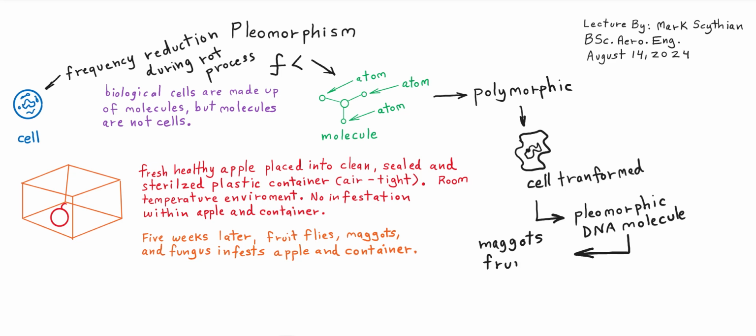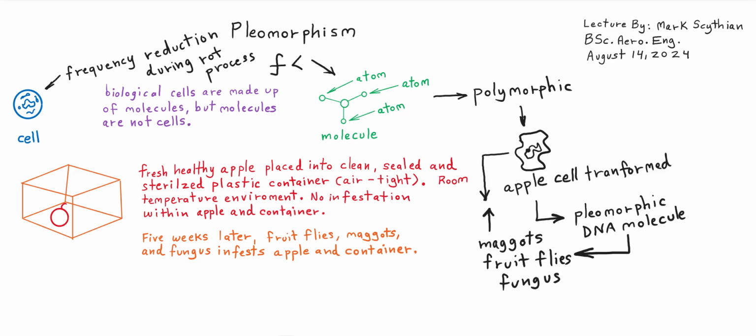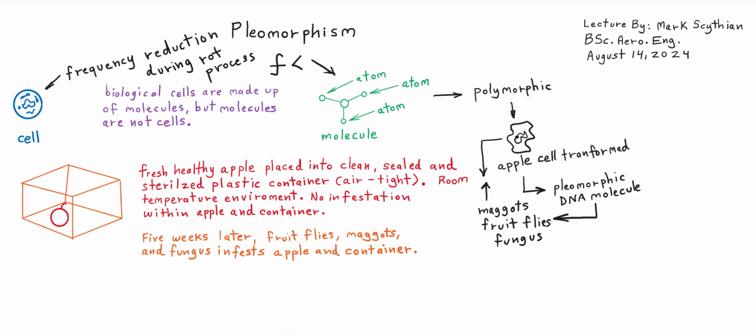So the cell is transformed, and the pleomorphic DNA molecule is then formed, and this then hatches into the progenitor of the maggot, fruit flies, and fungus.